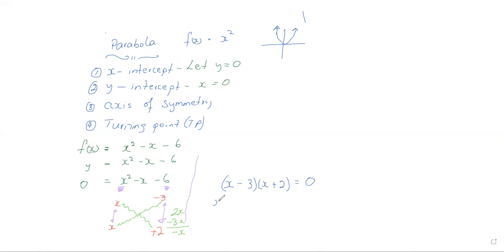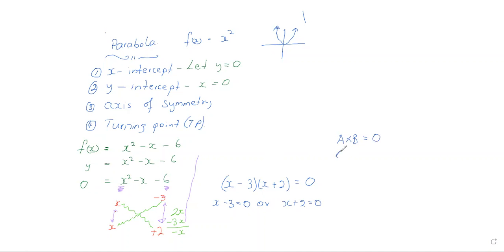So x minus 3 is equal to 0, or x plus 2 is equal to 0. If you multiply two numbers, if you multiply a by b, you get 0.